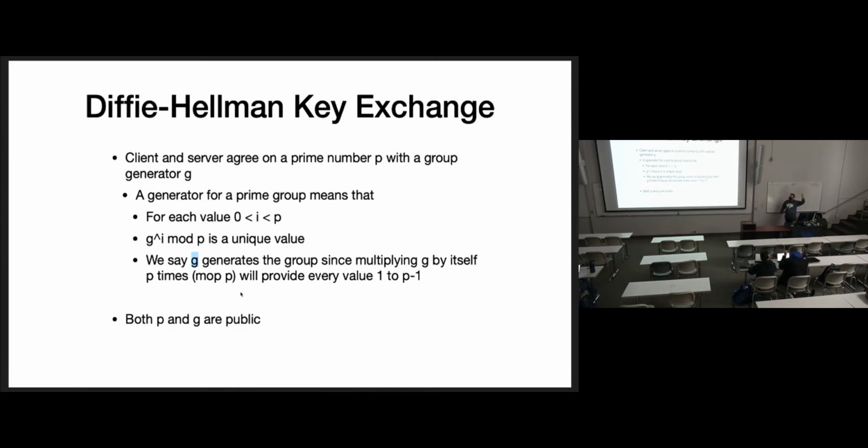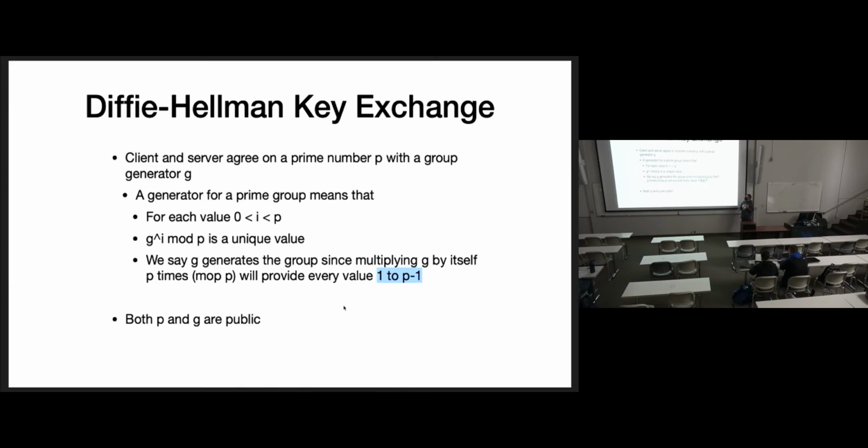At some point, we're going to be larger than P, probably after the first step. So we mod that and get some value between 0 and P minus 1. What a generator means is that we're going to get to every value. We multiply G by itself P minus 1 times, and we get every single value from 1 to P minus 1.